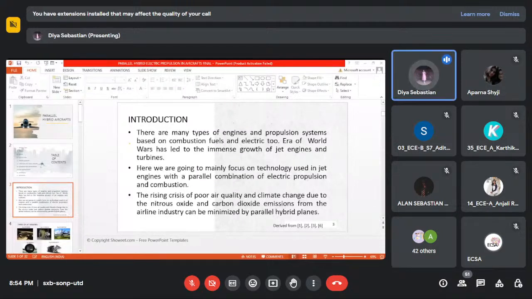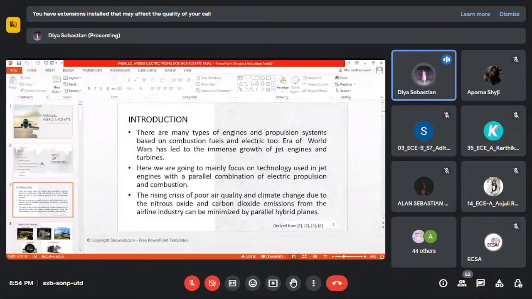There are many types of engines and propulsion systems, which work based on either combustion fuels or electric power. When we are discussing normal combustion engines, there are different types like inline, opposed, V-type, and radial.